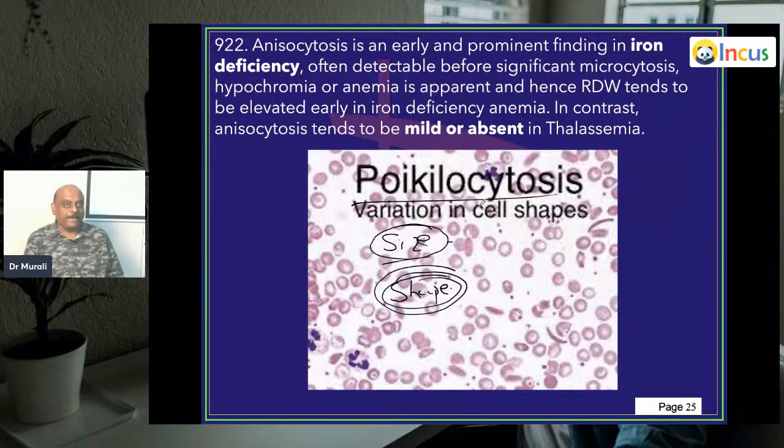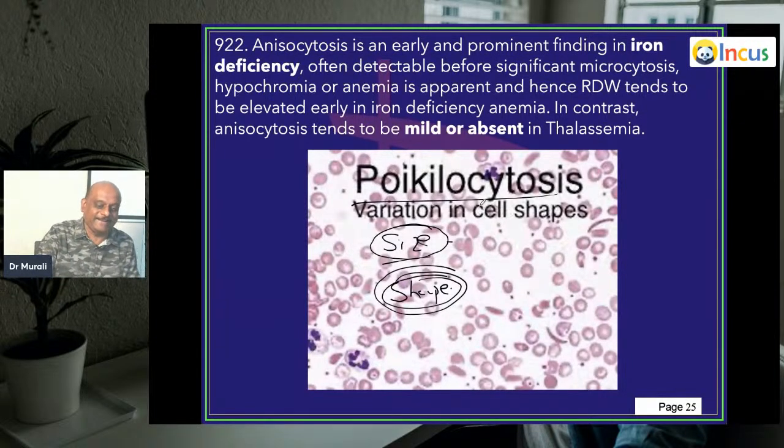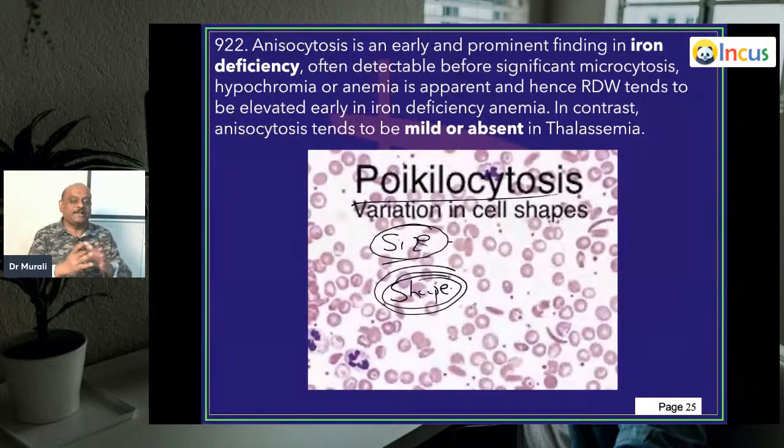You have to accept. It's not that all boys like slim girls. Some boys like curvaceous girls. Some girls like chubby fat black guy. Someone wants like Aamir Khan. So different priorities are there, right? So if all priorities are taken care of by the bone marrow, that is called poikilocytosis is what you need to remember.